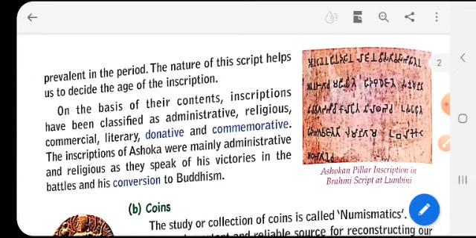When Ashoka inscribed his victories on metal or stone, that is why we are able to know what Ashoka did during his lifetime, what kind of wars he waged, and what the actual lifestyle was during his period. We came to know how he converted to Buddhism also. These are the facts that we get through the inscriptions of the people of that age.